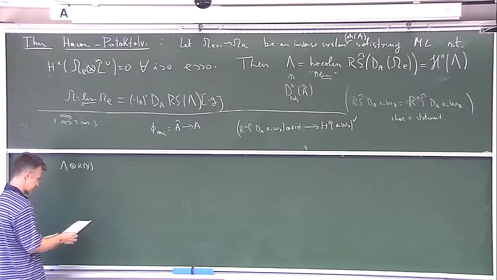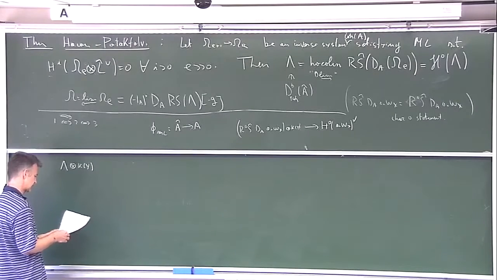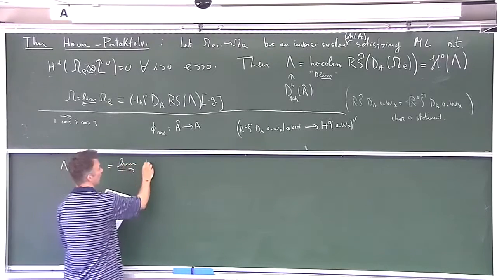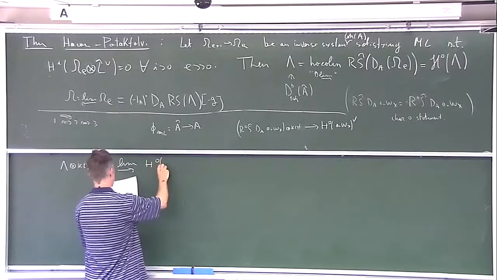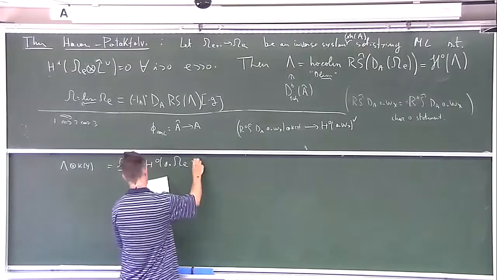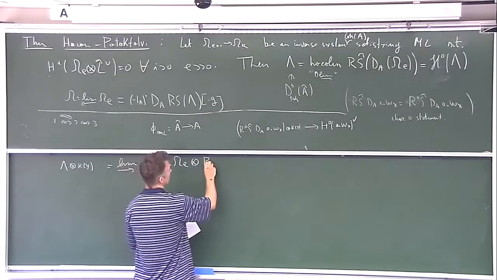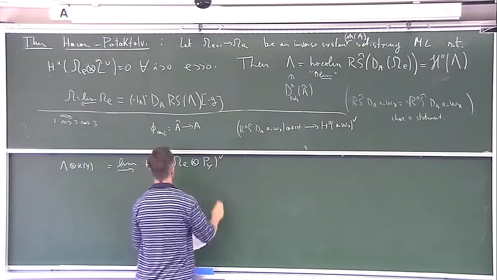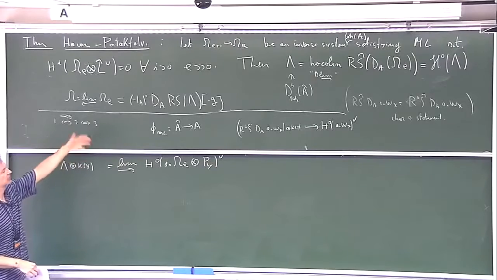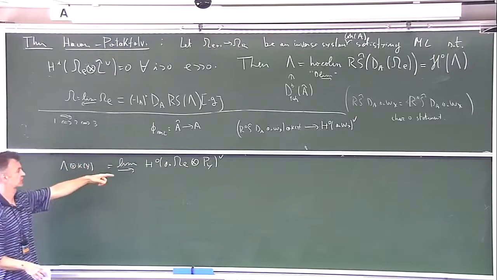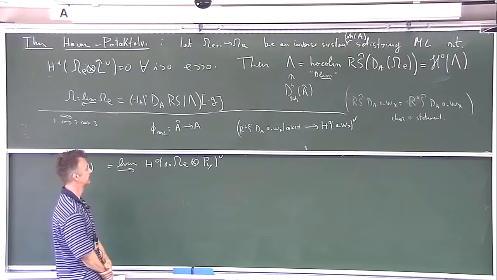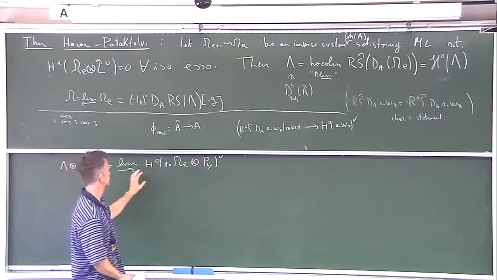So it should come as no surprise that this guy is given by the direct limit of H0 A low star omega E tensor P y u. I'm iterating the same procedure many times, one for each E, and there are natural maps between these guys. Why is it the direct limit?